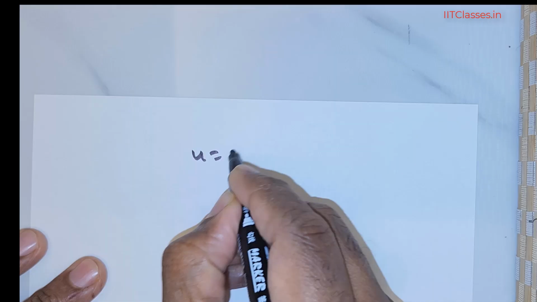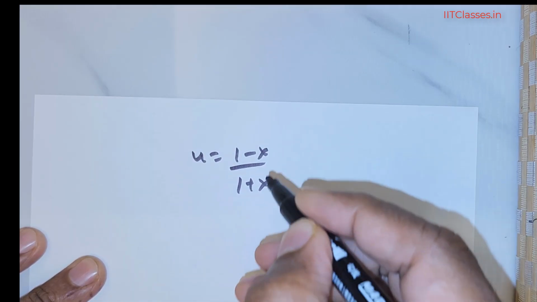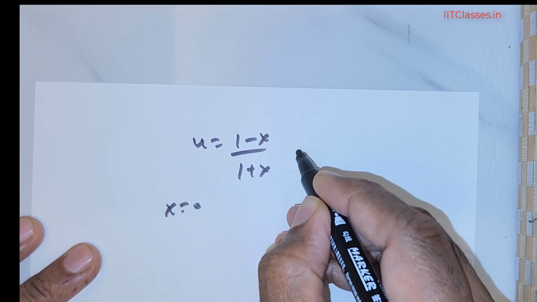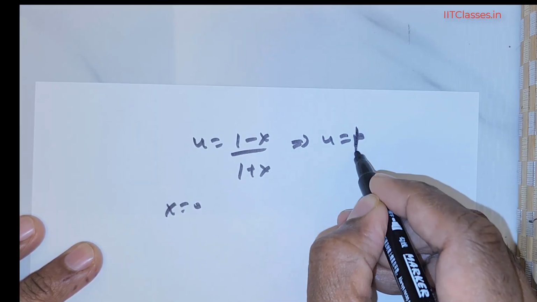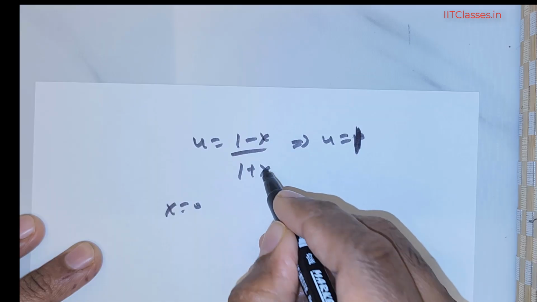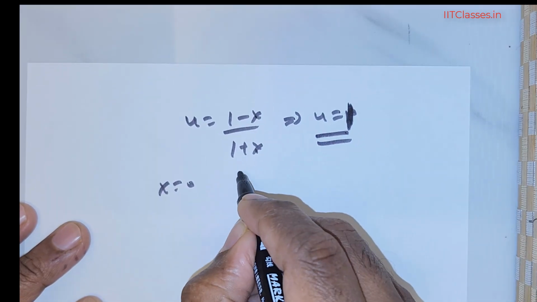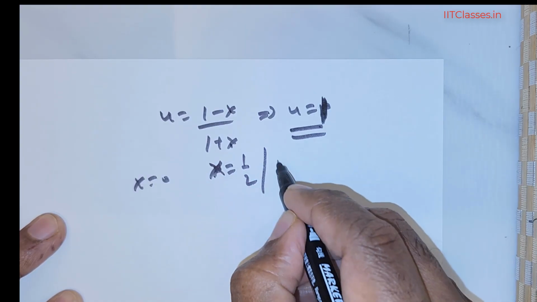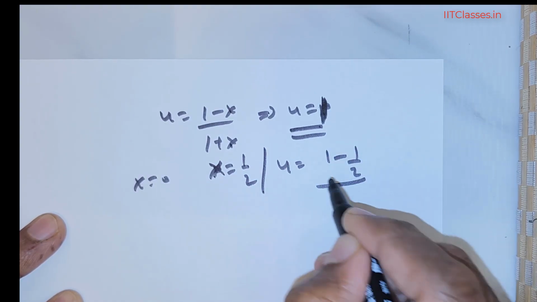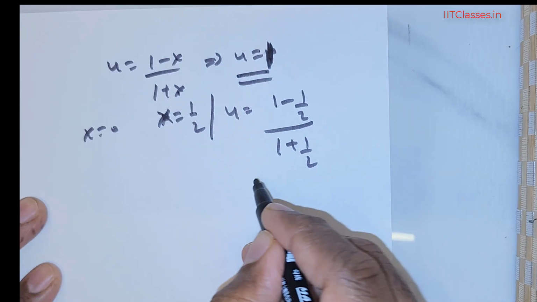So u is equal to (1 negative x) divided by (1 positive x). When x is equal to 0, u is equal to 1. When x is equal to 1 over 2, what happens to u? u is equal to (1 negative 1 over 2) divided by (1 positive 1 over 2).